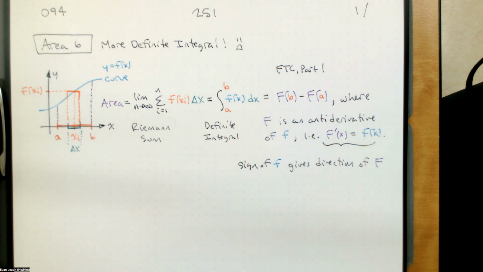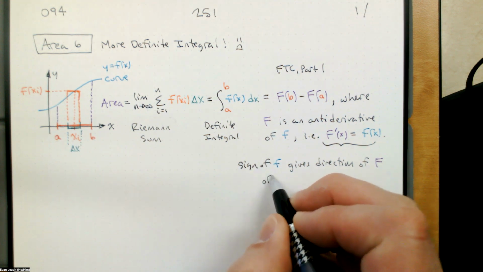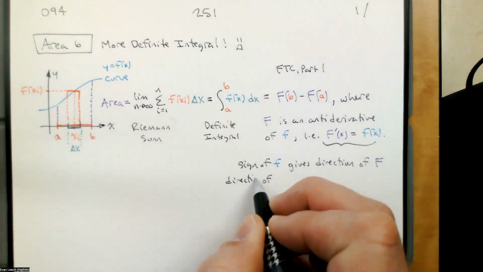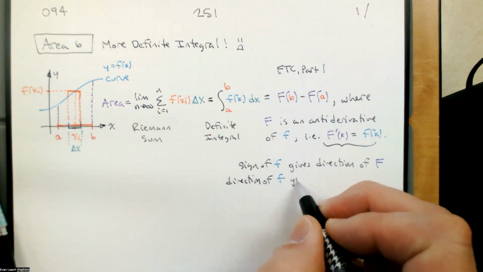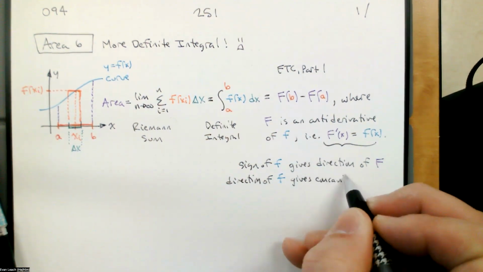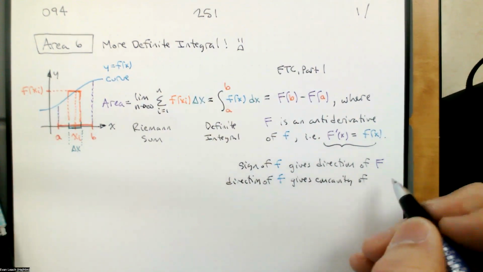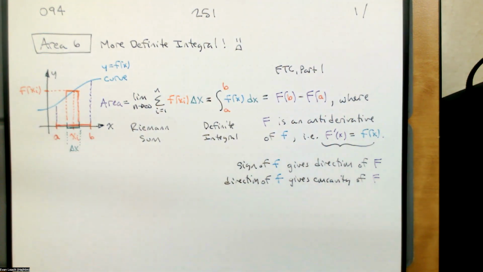Although it won't be much of an issue today for our purposes, this also tells us that the direction of little f tells us the concavity of capital F. Direction of little f gives the concavity of capital F. That's a thing that we've looked at before.